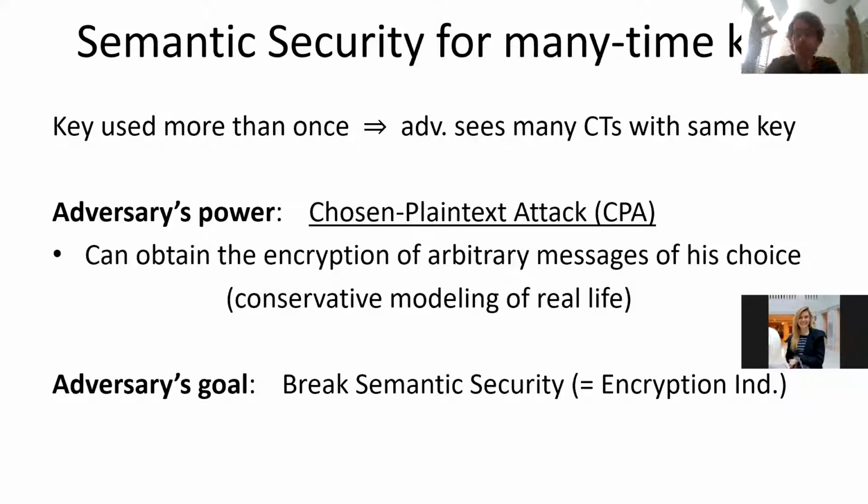What would it look like if we wanted to let the adversary see encryptions of many messages under the same key? Well, that's called a chosen plaintext attack. The adversary chooses a bunch of messages: chooses the first message, sees an encryption of that, chooses another message, sees an encryption of that. That's exactly a chosen plaintext attack.